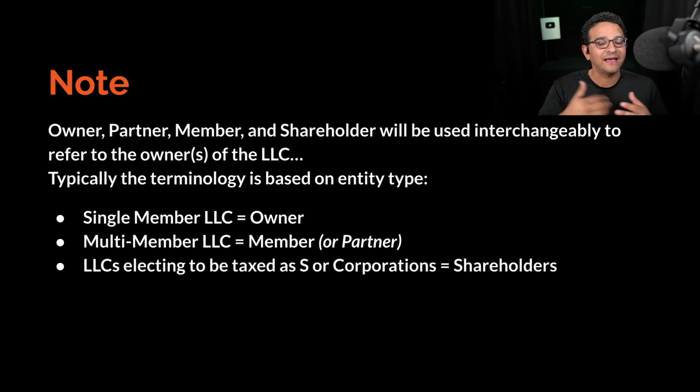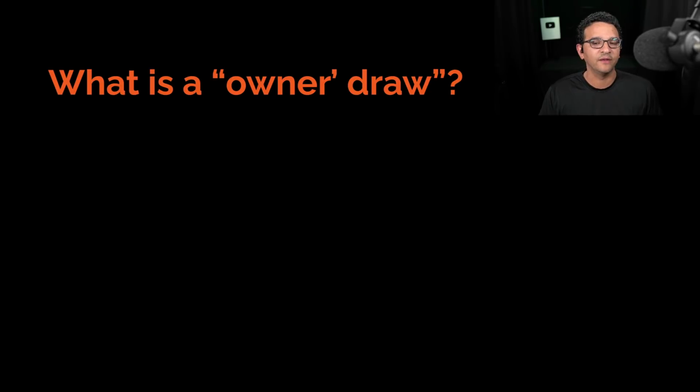An LLC elected to be taxed as an S corporation or a C corporation is simply called a shareholder. But if I happen to say shareholder when talking about a partnership or partner when talking about a corporation, I essentially mean the same thing. All these terms are used interchangeably, and it's okay if you get it wrong as long as you understand what is being communicated.